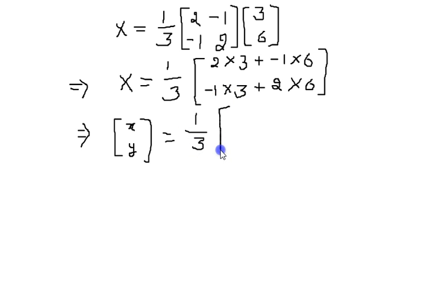If you just see over there, 3 times 2 is 6, 6 minus 6 will be 0. This is minus 3 plus 12, so it is going to come 9 over here.